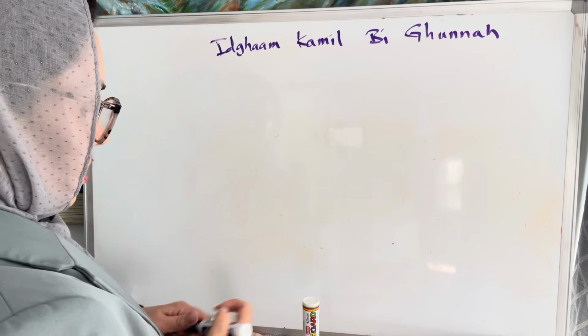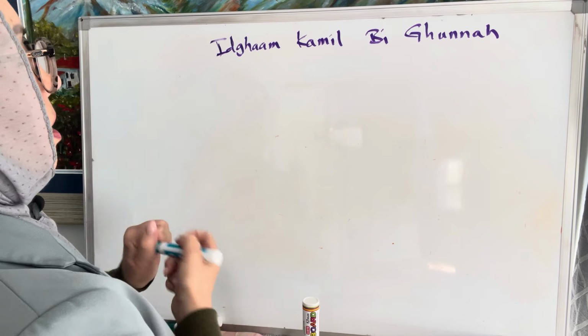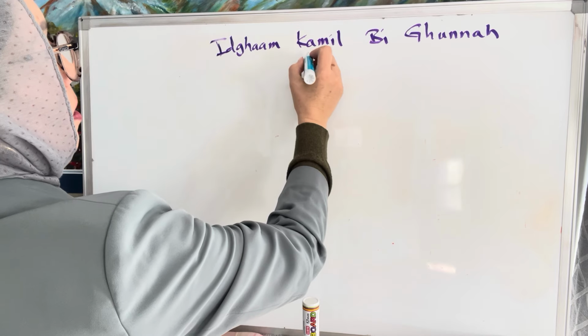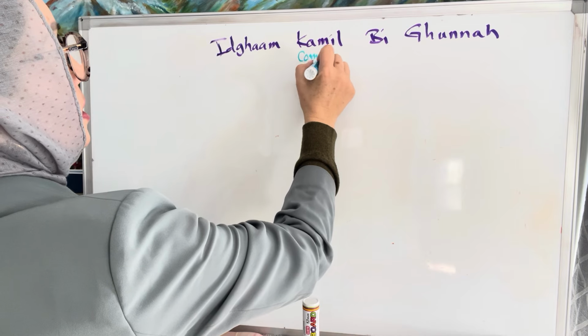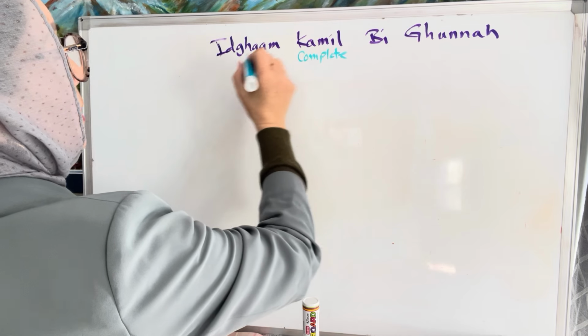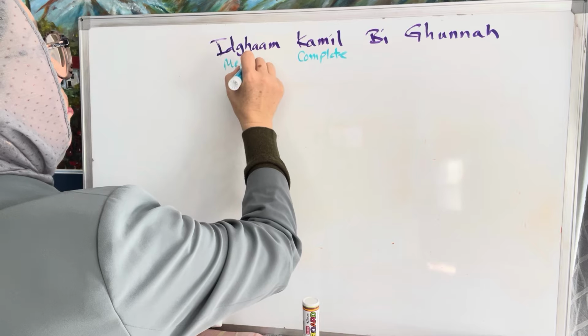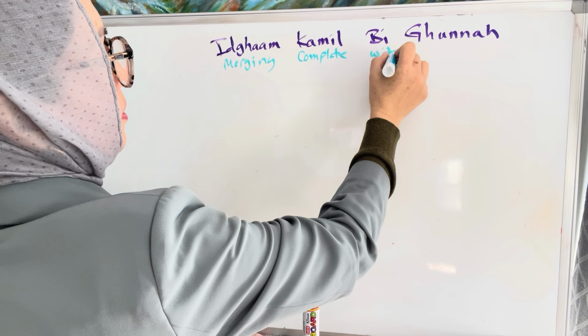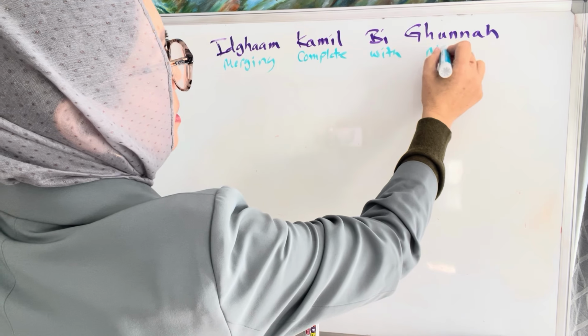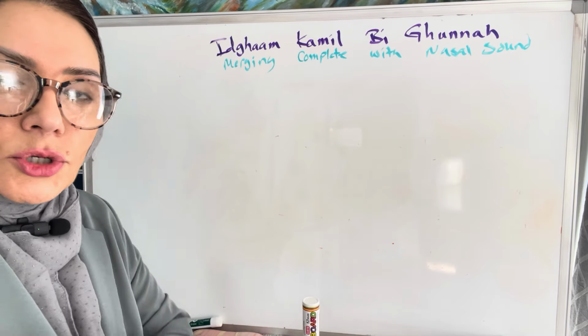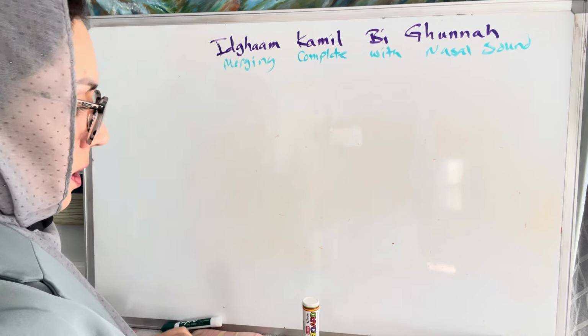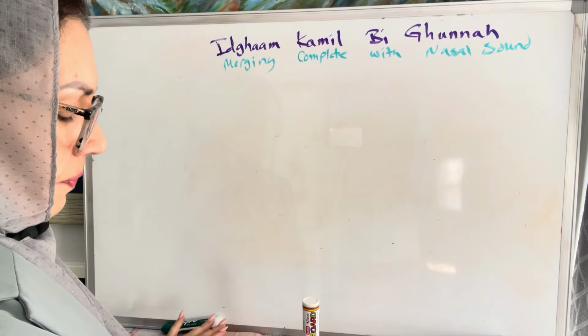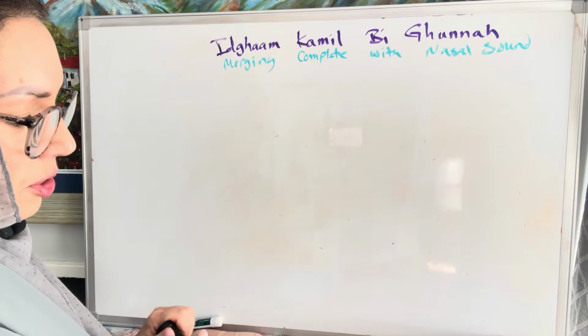Okay, so this means complete merging with nasal sound. So that's the translation. All right, so this would be the first category. Let's go ahead and give an example here, inshallah.